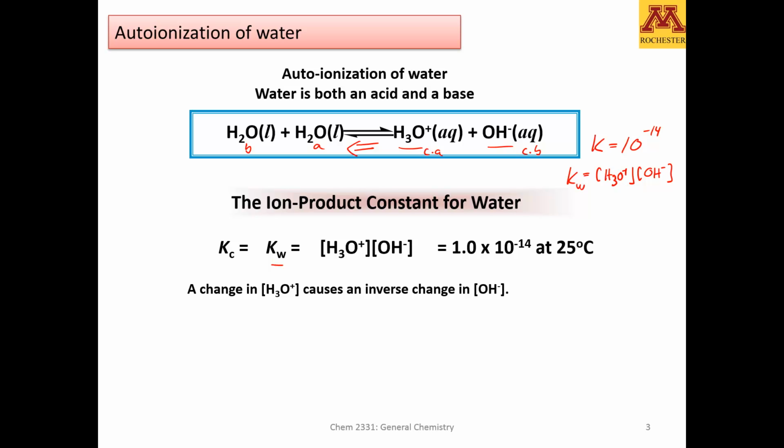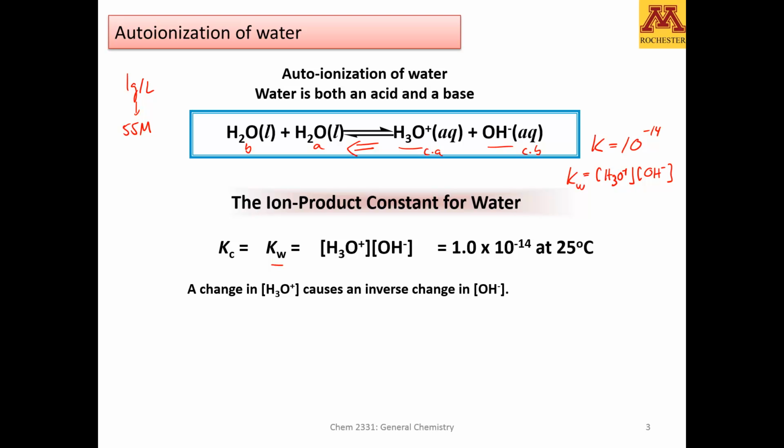We do not need to include it in there. Actually, if you calculate, the density of water is 1 gram per milliliter, and if you convert grams into moles, you will see that pure water is 55 molar. 55 molar is a number way larger than any other molarity that you will use in this course. So we consider the 55 molar of pure water constant. We don't need to worry about it.